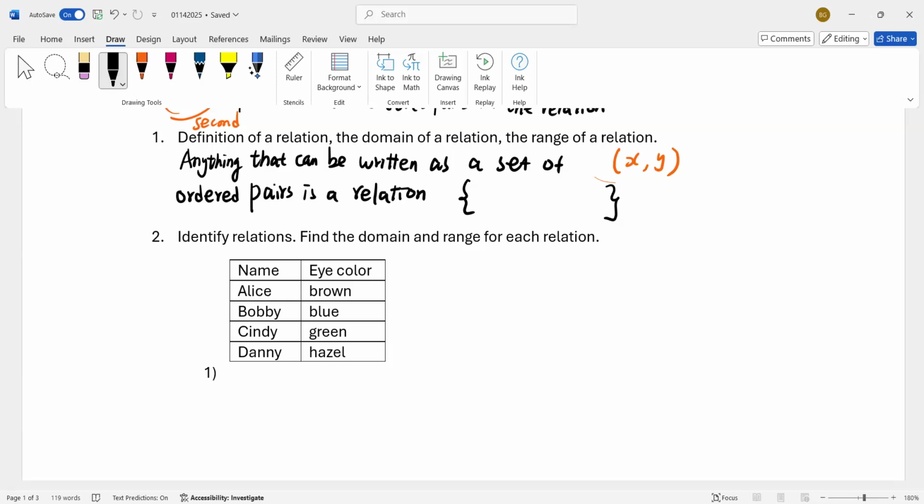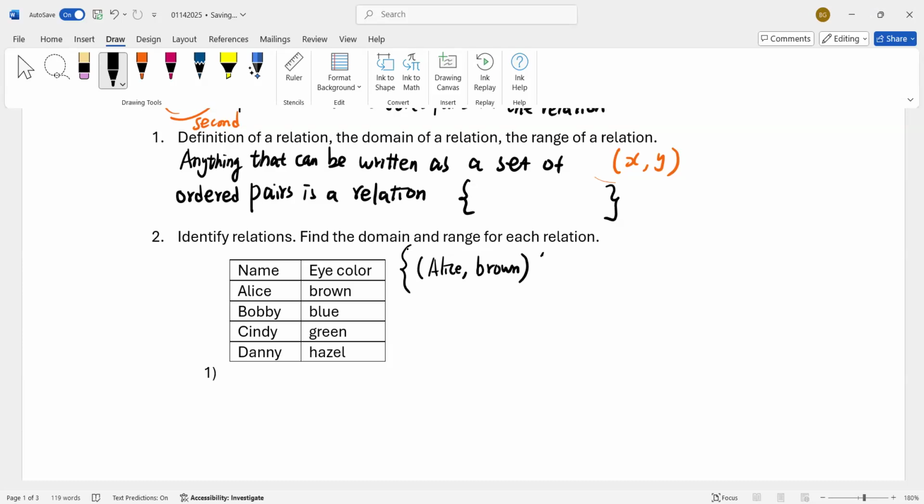Yes? Okay. Do you think I can write the information in the table like this? I'm going to write the name of the person as the first component and the person's eye color as the second component, and use parentheses to frame this ordered pair. So this ordered pair corresponds to Alice, her name and her eye color.